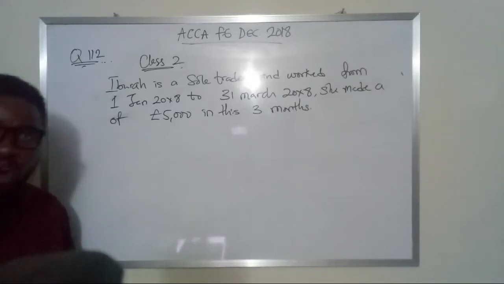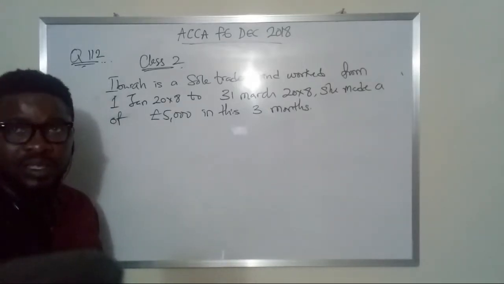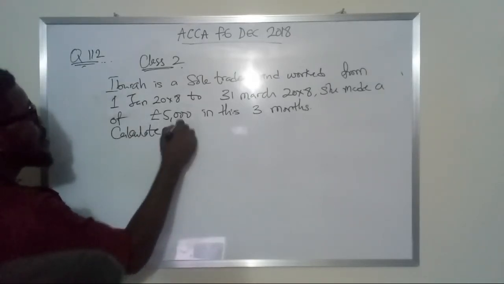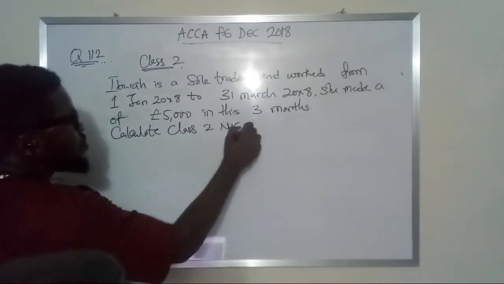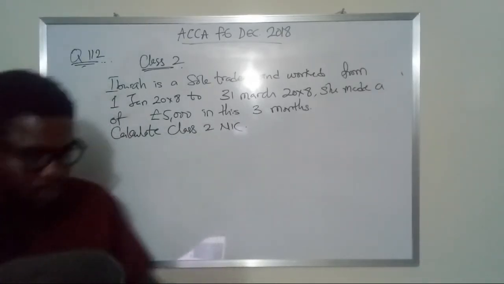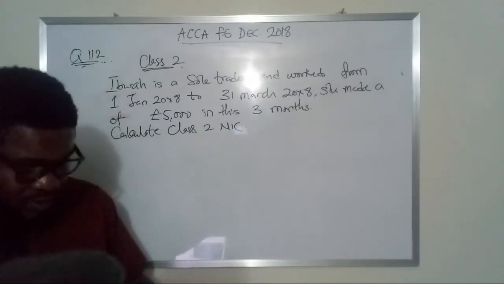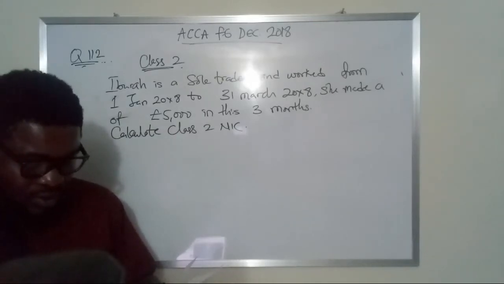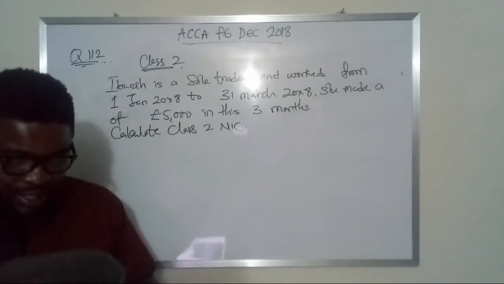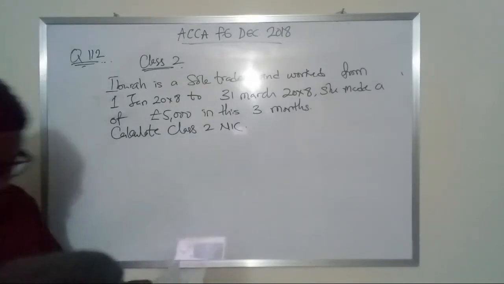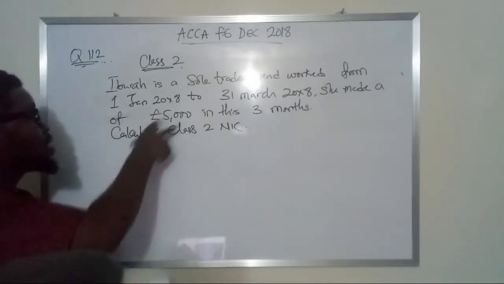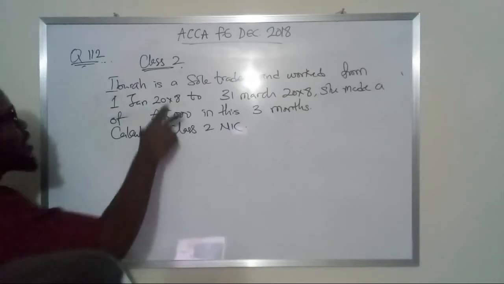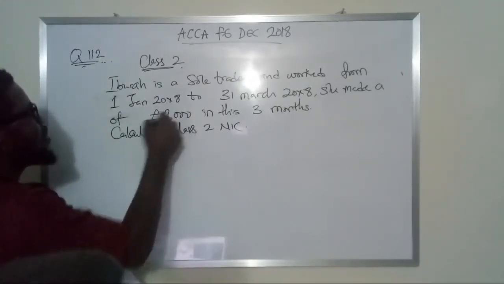Now, we'll go back to our formula sheet. Let's say, calculate class 2 NIC. Class 2 NIC is calculated at £2.85 per week. But note, for small profit thresholds, it is exempt. The small profit threshold is 6,025. So for this, don't worry about it, you're not going to pay anything. You are free. But let's say you made 7,000 or so.